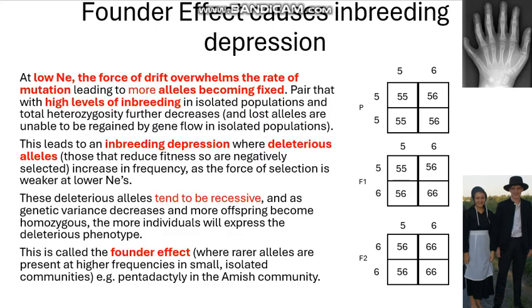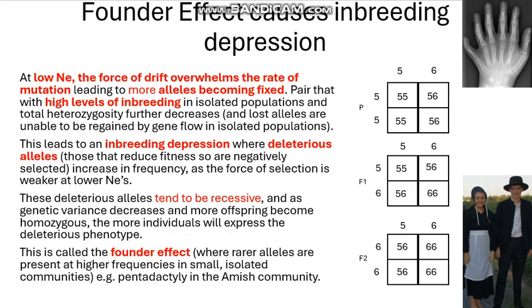So you can see here from the P generation, this would be the original colonists. You can see the carrier on the top here with the dominant allele for 5 fingers, and then the recessive allele for pentadactyly, which results in 6 fingers.